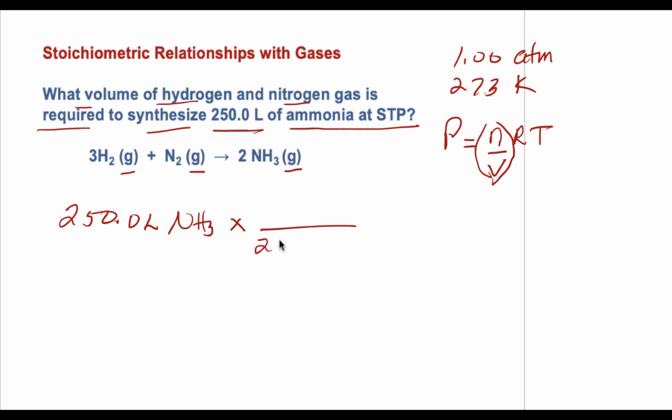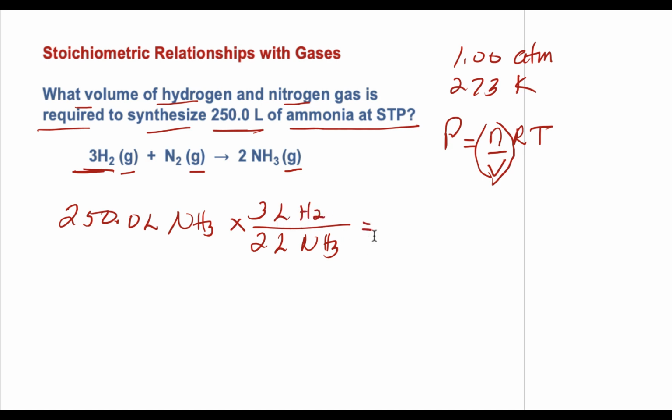So we have 2 moles of ammonia for every 3 moles of hydrogen. I'm reading from the equation. So what we can say is that we have 2 liters of ammonia for every 3 liters of hydrogen gas.